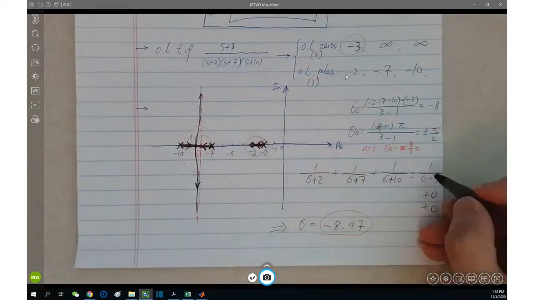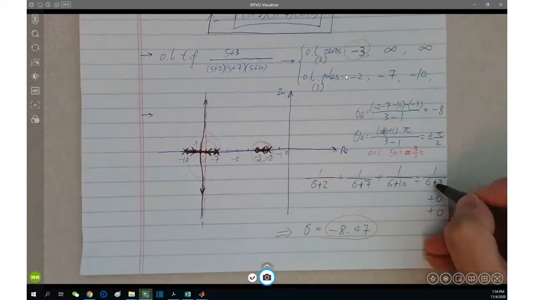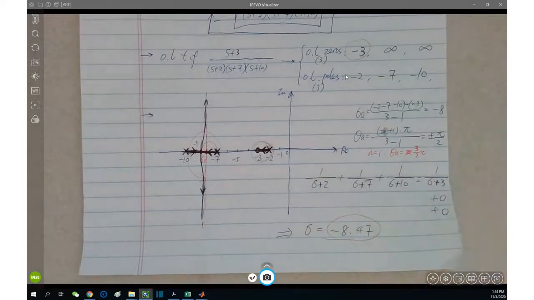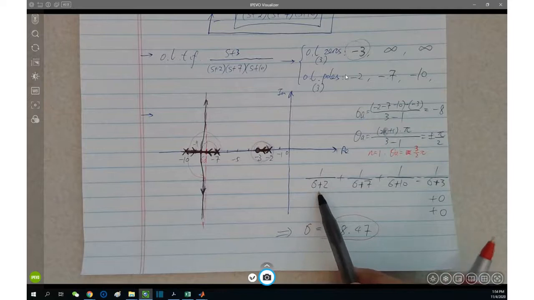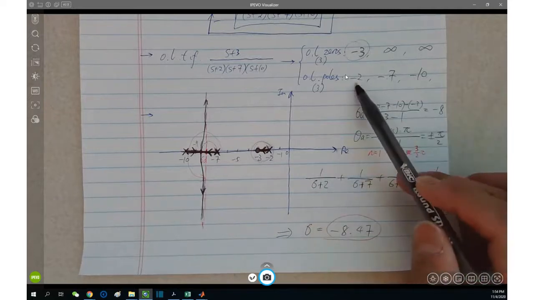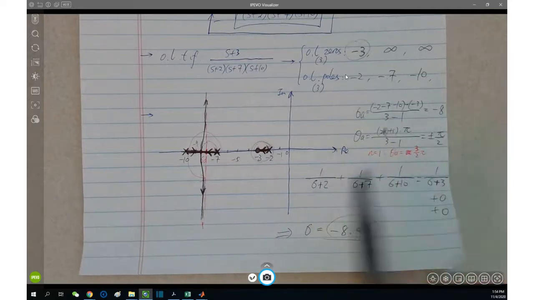That's right, I'm sorry. It's positive. Correct, thank you. Sigma plus the negative of negative 2 means sigma plus 2. That's right. Thank you. Any other questions?